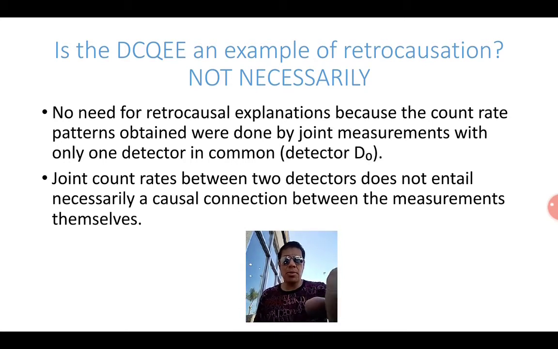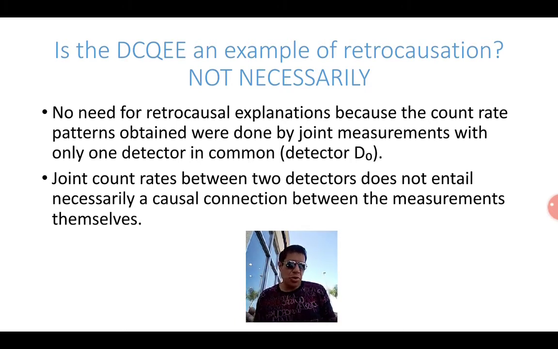Okay, let me explain this part here. No need for retrocausal explanations because the count rate patterns obtained were done by different joint measurements with only one detector in common, D0. So in other words, remember, the patterns were obtained with two different detectors, right? And so of course, you use two different detectors, you get two different patterns, right?